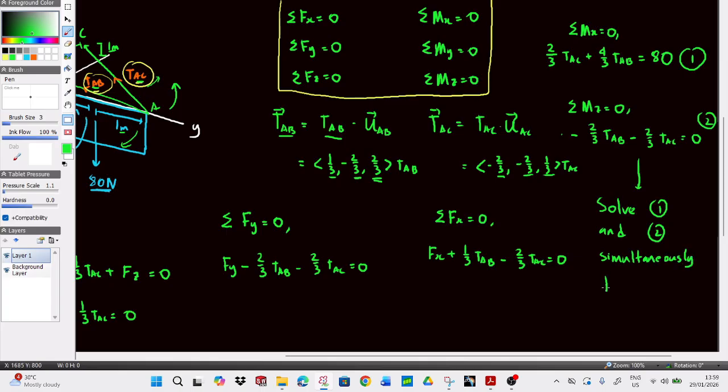Then you can easily get your TAB and your TAC. I'm going to solve it via calculator to save time, but if you have the time, you can also solve it manually if you like. So simultaneous equation, number of equations is 2. First equation, 2 over 3, 4.